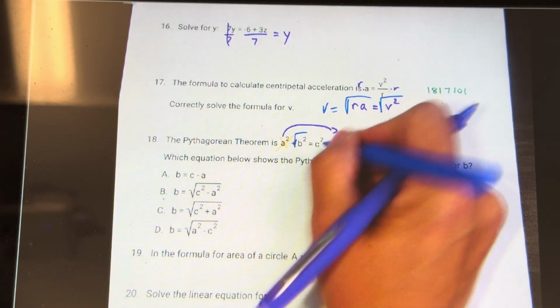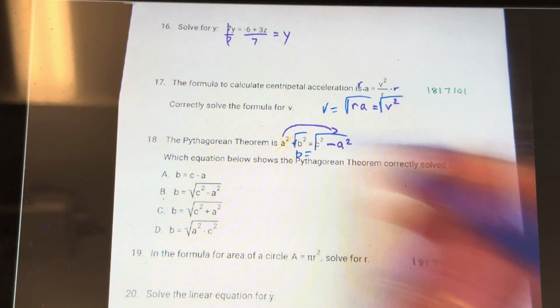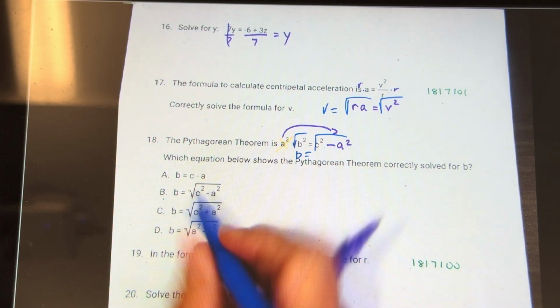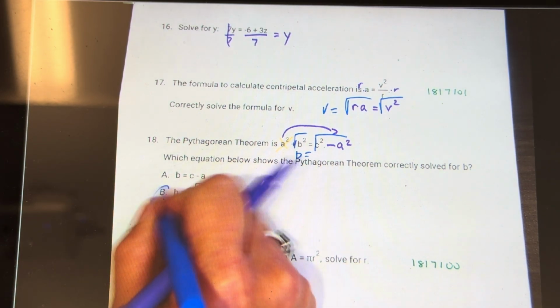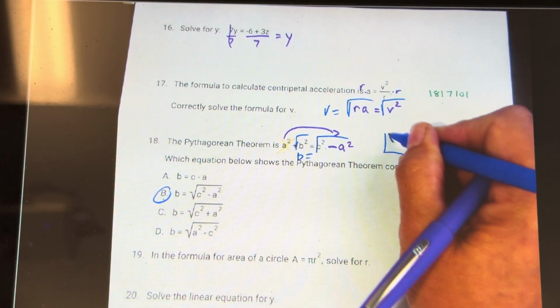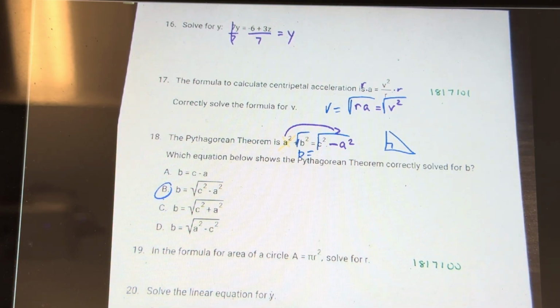So I'm going to take the square root of both sides. So then b is going to equal square root of c squared minus a squared. So that is b. And of course the c, if you remember, c is always your longest side. It's across from the right angle. So it has to be the one subtracted from.